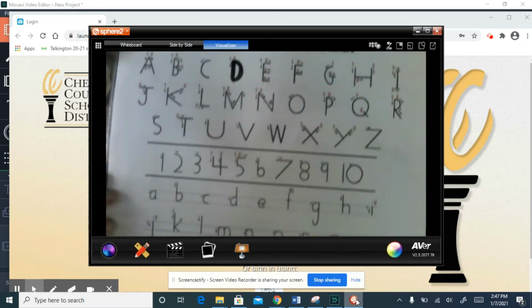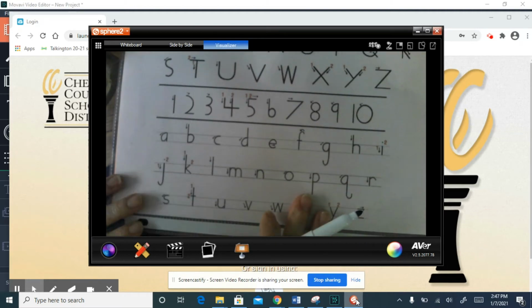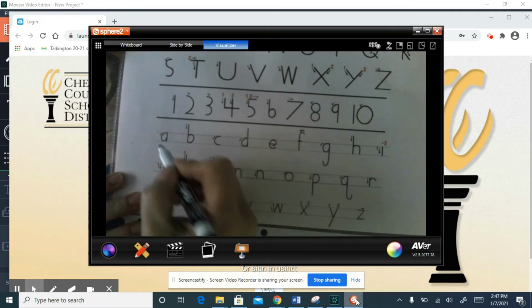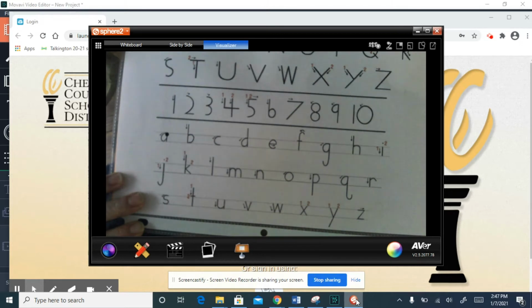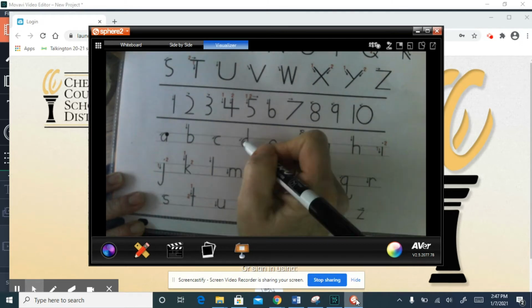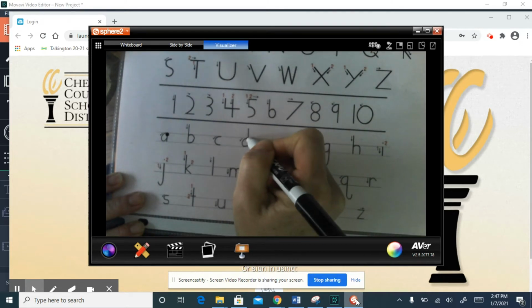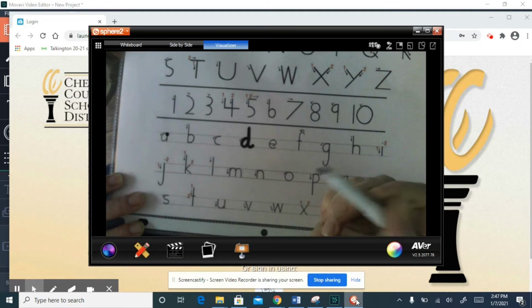Then I'm going to ask you to go down to the bottom where the lowercase letters are, and notice just like where you started for the letter A, you're going to do the same thing for the letter D. You're going to curve around, touch the top, retrace back down with a monkey tail. And again, you don't have to add the monkey tail, it's just what I do.